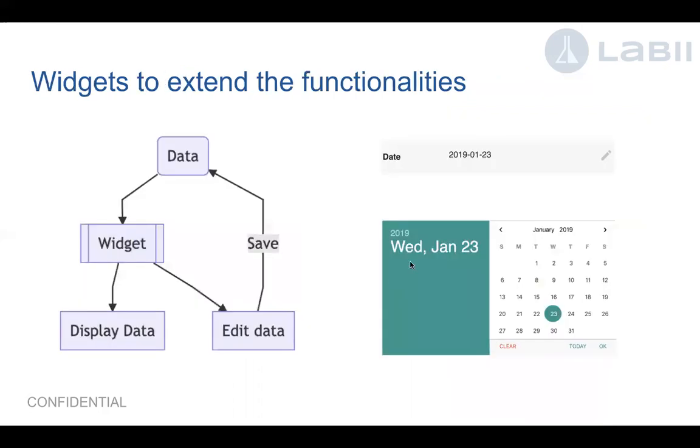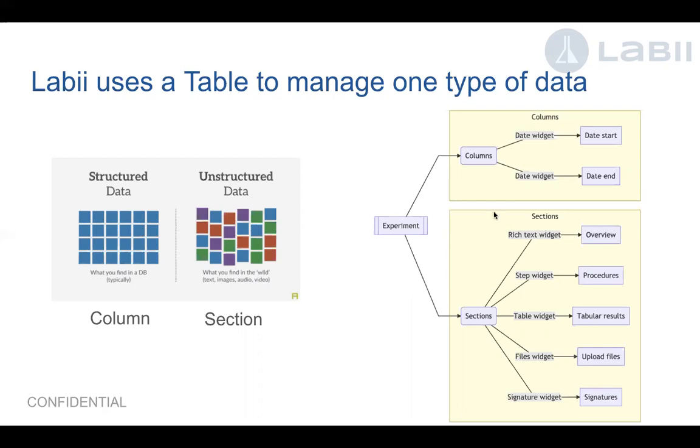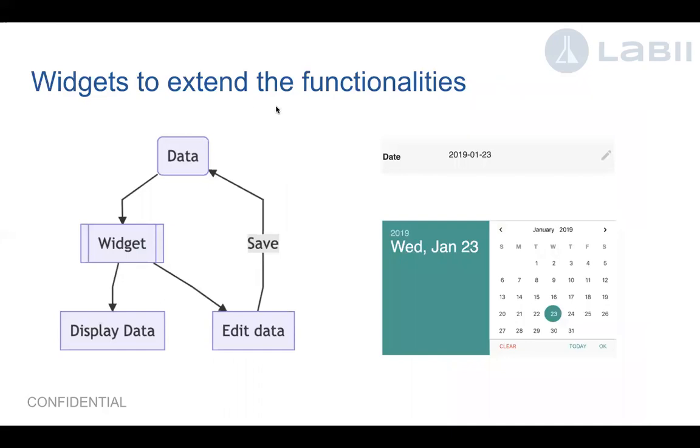Going further, if you notice, every single column or section has different functionalities. So in the Labii system, we developed something called a widget. We use widgets to extend the functionalities. Think about widgets as more like the apps on your smartphone. We all use similar smartphones, and we're all happy with them because we're using different apps.